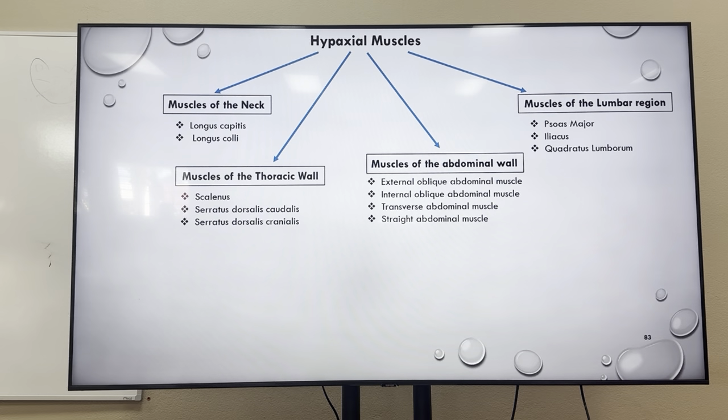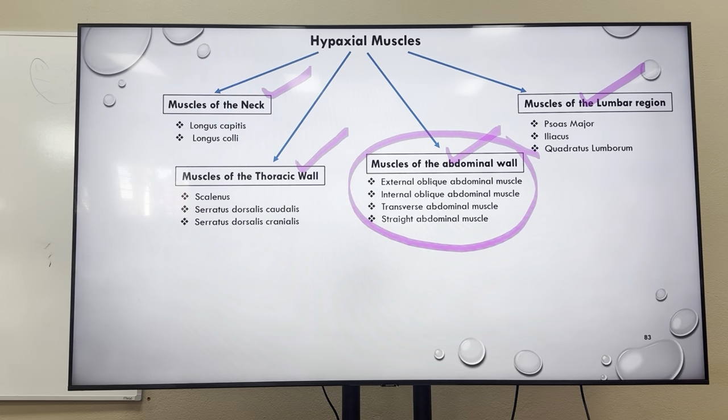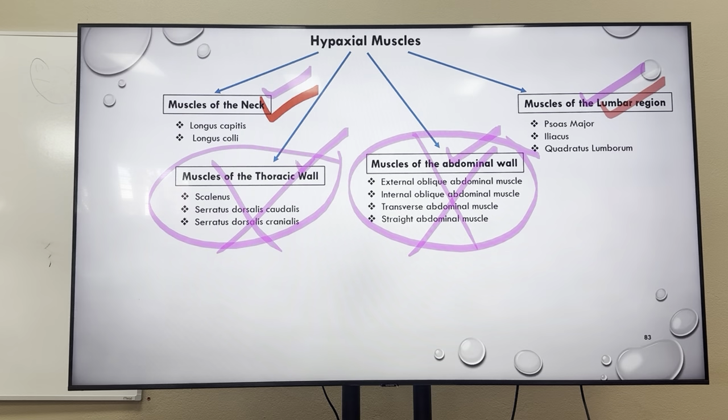Generally, when we say hypaxial group of muscles, we are talking about muscles of the lumbar region, the abdominal wall, the thoracic wall, and the neck. In the course of our discussion, we have seen this and this, so those are done. Our primary focus here will be this and this.